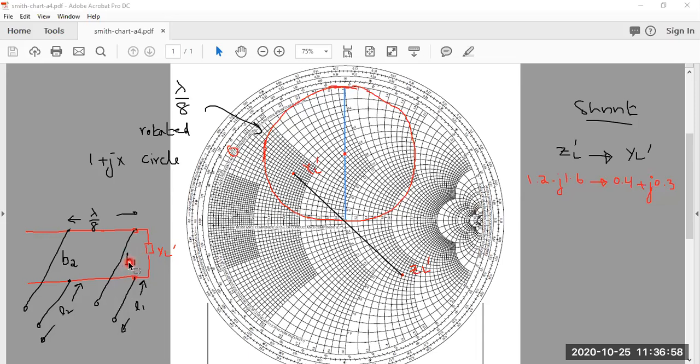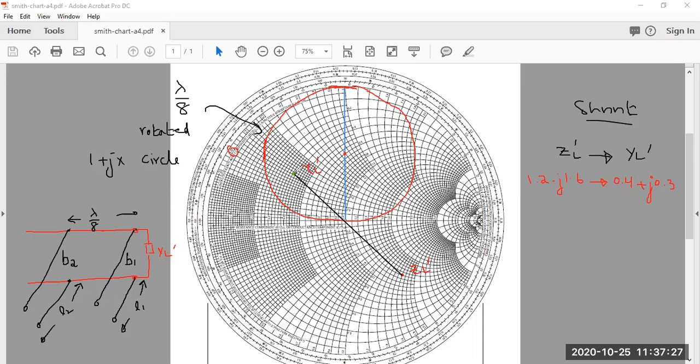Now, we don't know B1 right at this stage, but what is the purpose of this circle that I have drawn? This is the circle that will help us to find out B1. So let's move on this circle. Let me use a different color. Okay. So this point's real part will not change, so it will have to move on this resistive circle with 0.4.